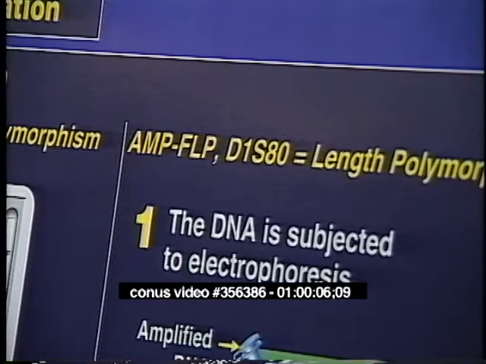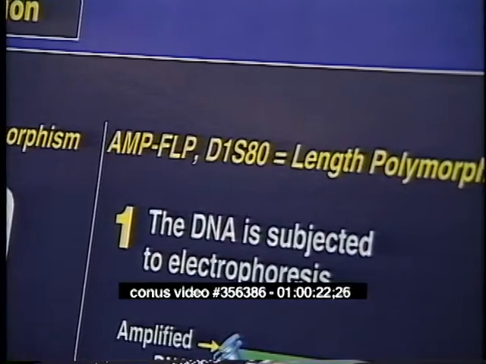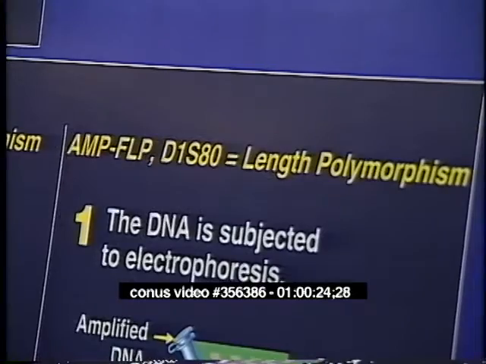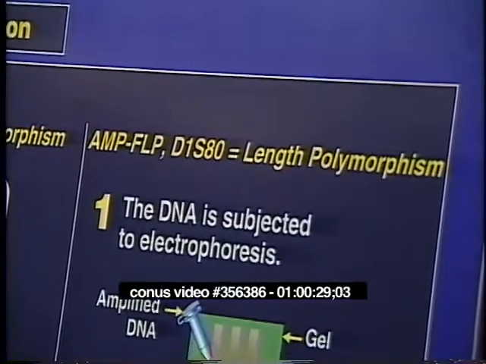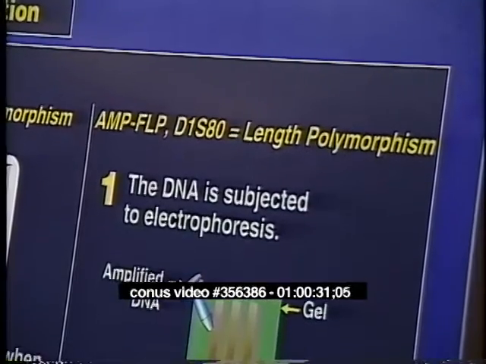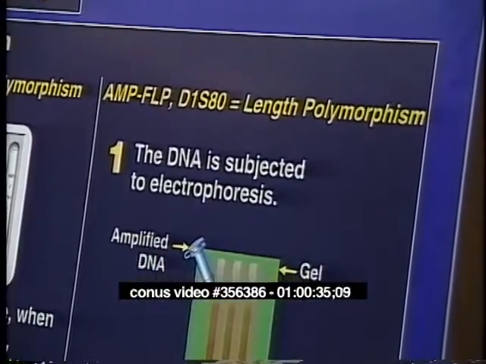D1S80 is the nomenclature for the genetic location that is currently used in forensic labs that has a length polymorphism. We'll return to that later, but is D1S80 simply a way of describing a particular genetic marker? It's just the name of the marker. Like PGM is the name of a particular protein marker? Exactly. All right, go ahead.